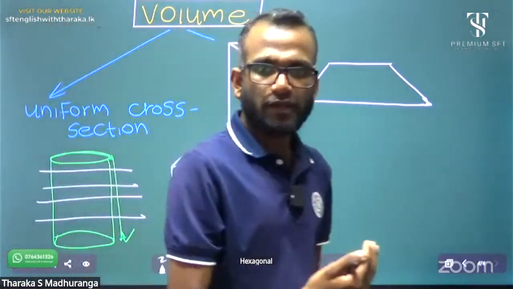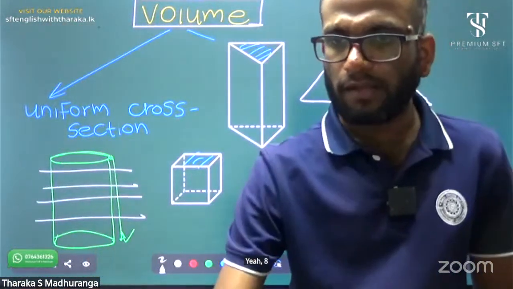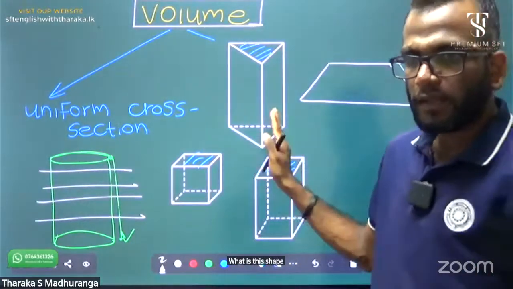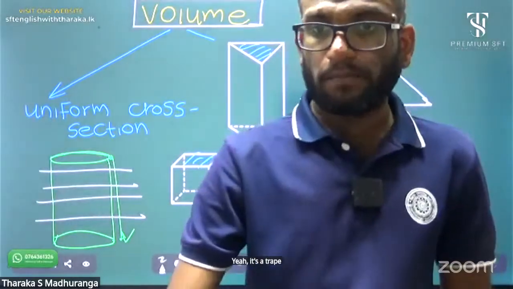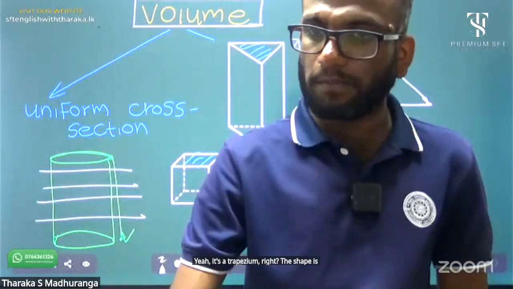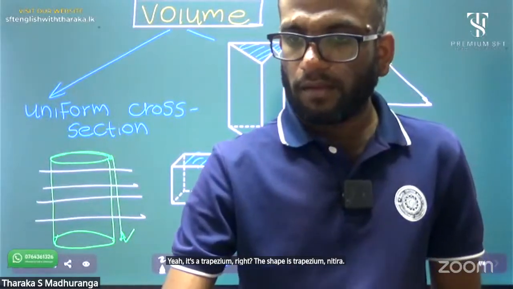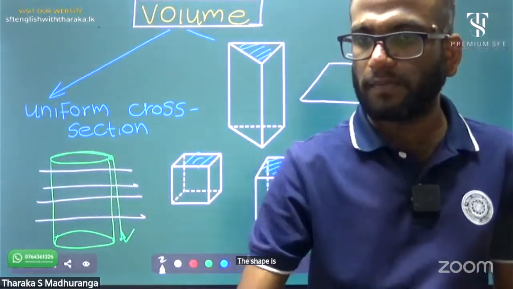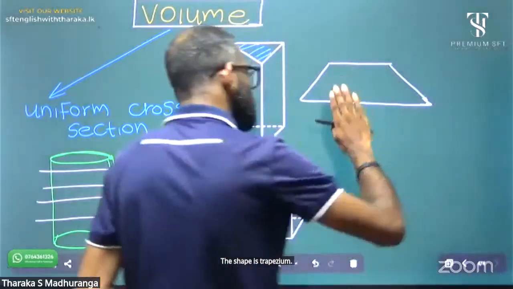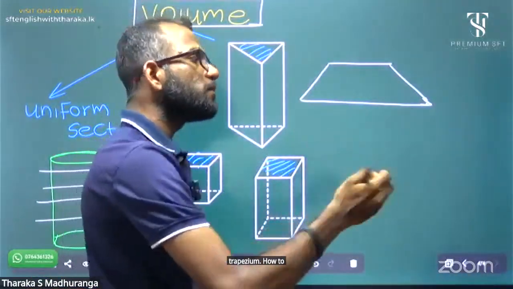Hexagonal, yes. What is this shape? It's a trapezium. Yeah, it's a trapezium, right? The shape is a trapezium. How to identify a trapezium?